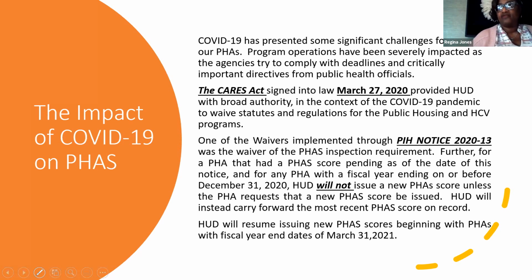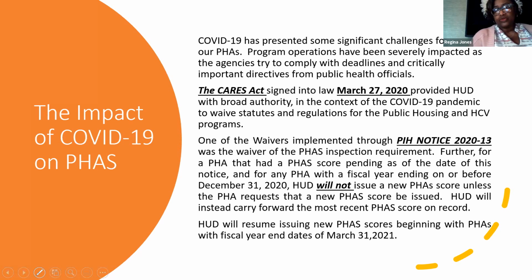For a PHA that had a PHAS score pending as of the date of this notice, and for any PHA with a fiscal year ending on or before December 31st, 2020, HUD will not issue a new PHAS score unless the PHA requests one be issued. And I'm thinking if you're a high performer or standard at this time, why would you request a new score to be issued?